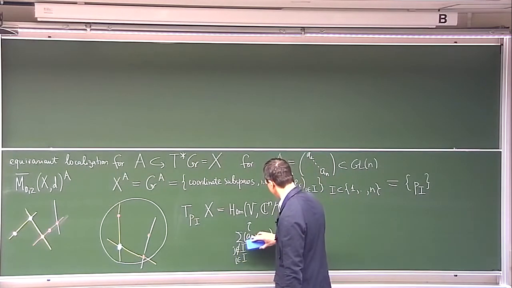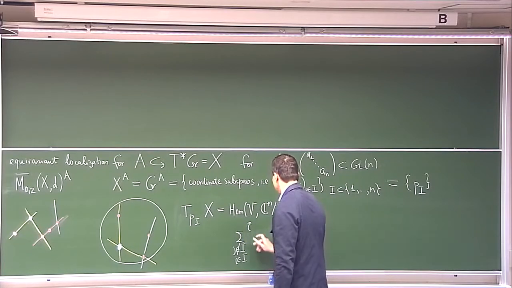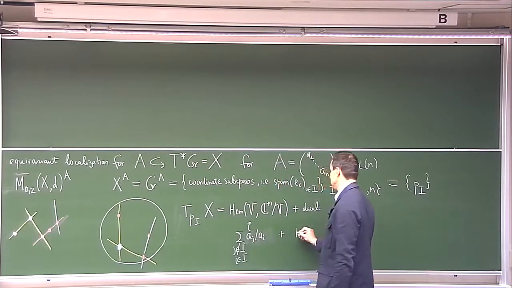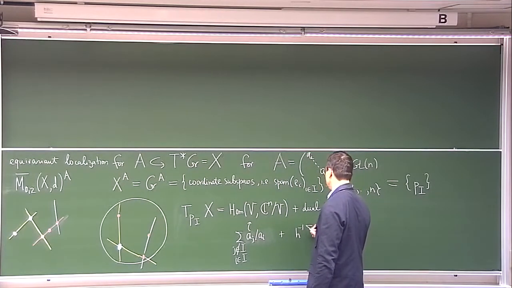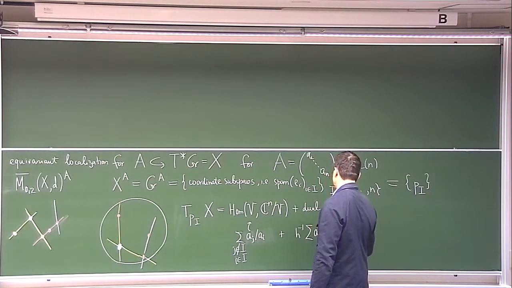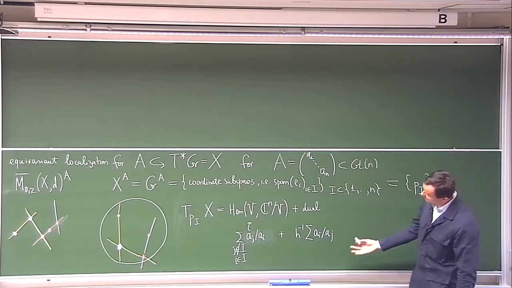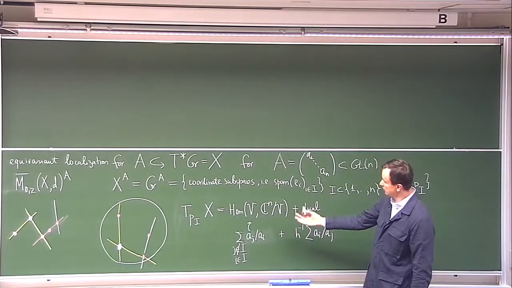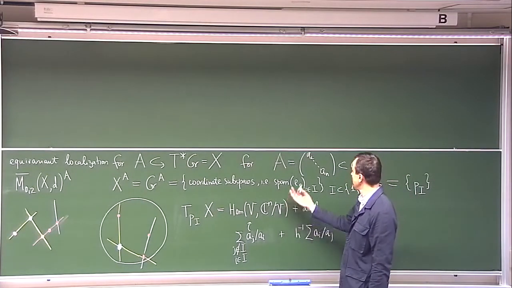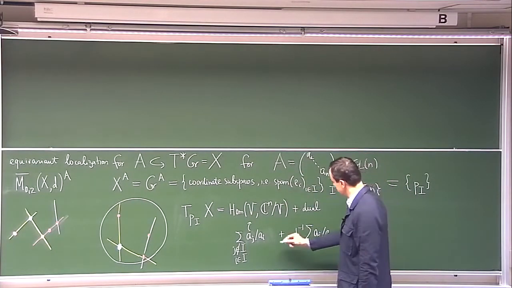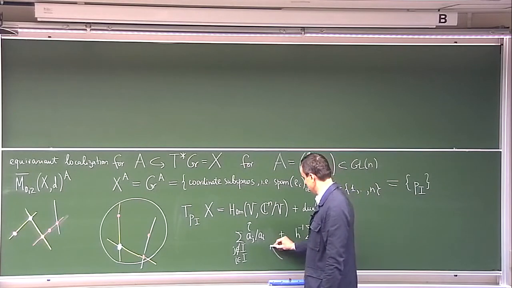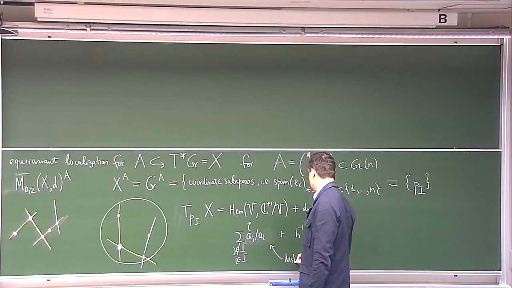Sorry, I should write the character multiplicatively: aj over ai, plus the same thing for the dual, h bar inverse times the summation of ai over aj. In other words, the only conclusion from this is that these weights of the torus are distinct.